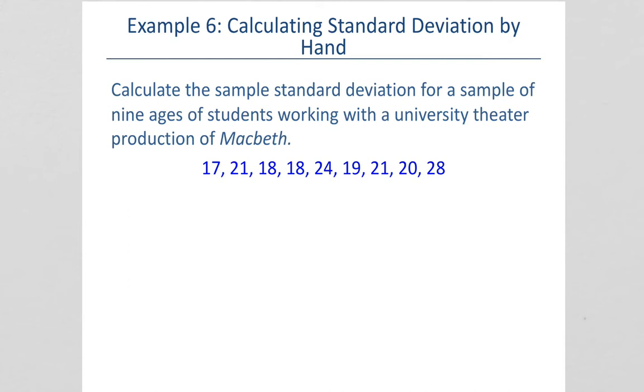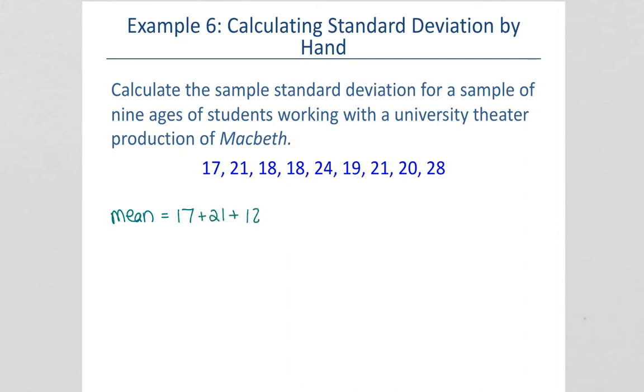Example 6 says calculate the standard deviation for a sample of 9 ages of students working with a university theater production of Macbeth. So we have these 9 ages here. The first thing that we always do when figuring out the standard deviation is to find the mean.